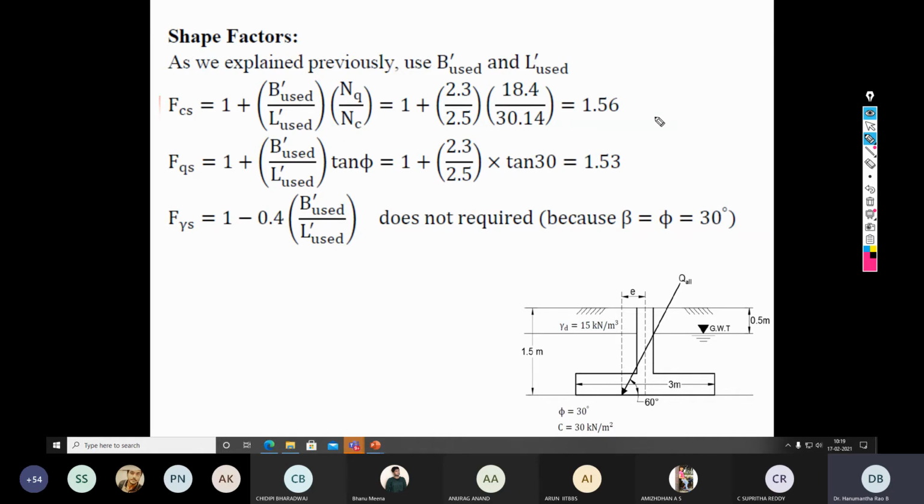Okay, so FCS is approximately everybody is saying 1.5 something. FQS also 1.5 something. So it's very good. So almost close values.